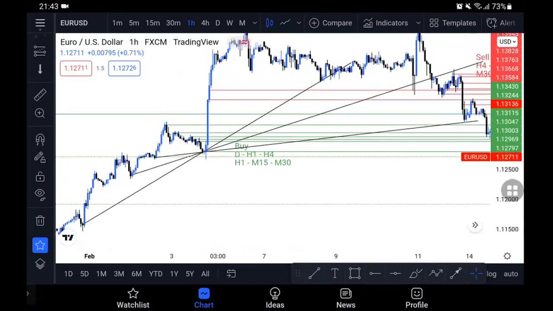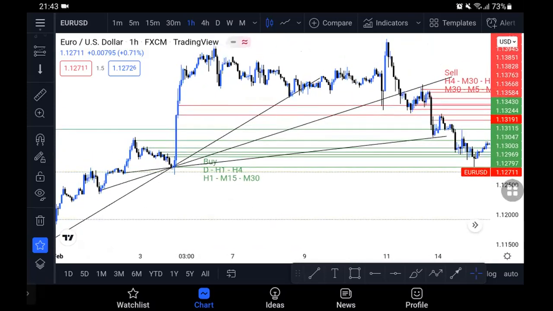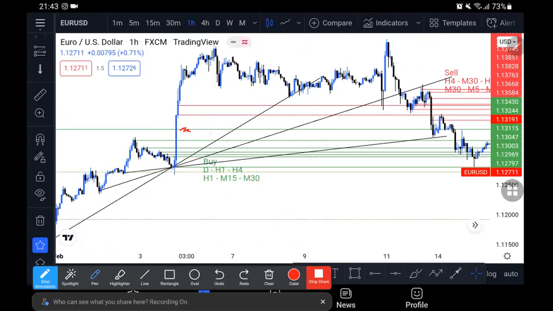I have one question with the trend line. The area has to be the second touch on the trend line? Which one? Yes.